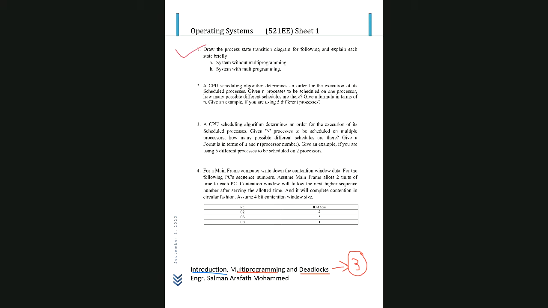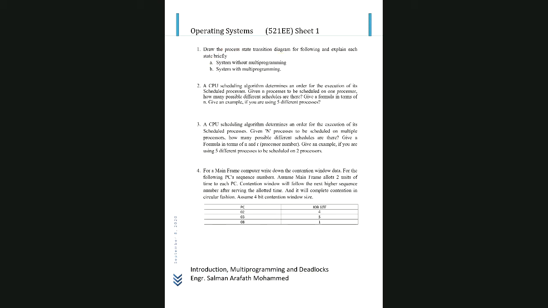So let us start to solve first problem number 1. Draw the process state transition diagram for the following and explain each state briefly. He is asking two questions: a state transition diagram for a system without multi-programming, and a state transition diagram for a system with multi-programming. This is the state transition diagram for a process.